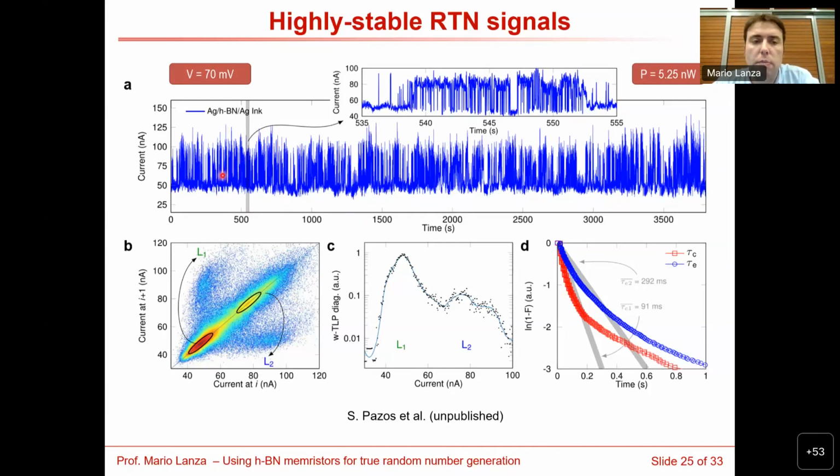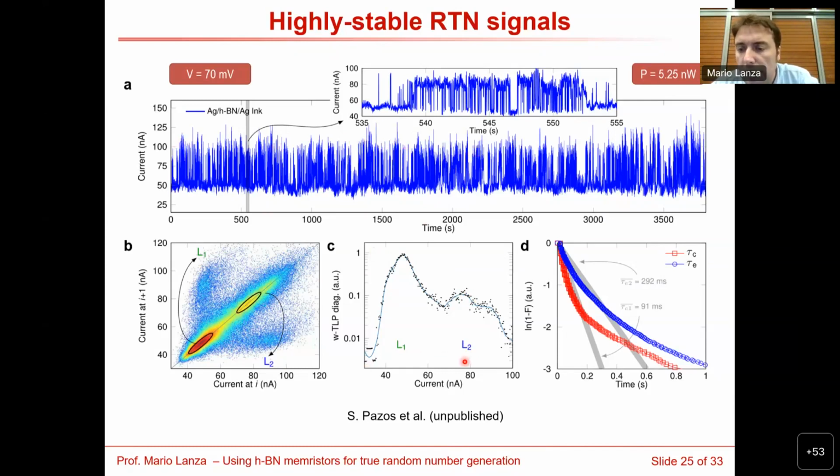It is impossible to predict when the device will be in this current level and when it will be in this other level. We statistically analyze these current values, and we can clearly distinguish two states. One peak here, which is very well defined, and one peak here, the upper one, which is not as evident, but still we can clearly detect two states.